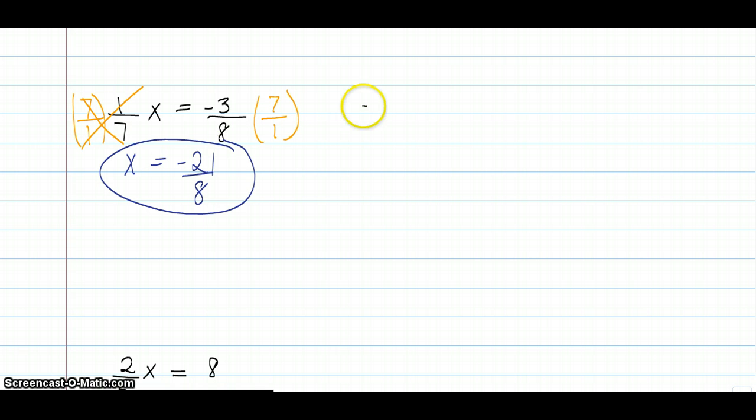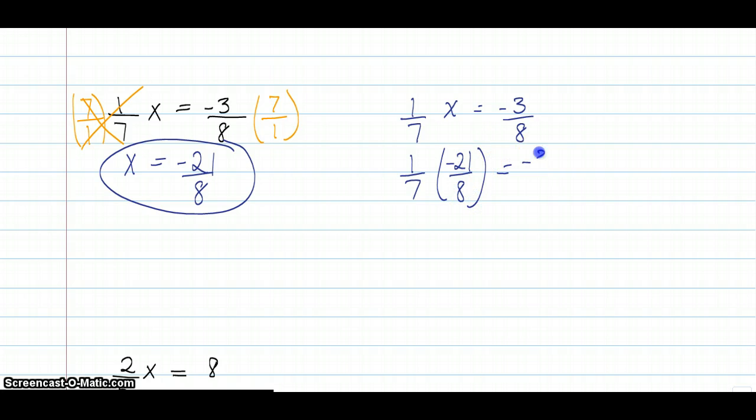Now let's go and check our answer. So we have 1/7 x is equal to negative 3/8. I'm going to plug in my answer for x, so I have 1/7 times negative 21/8. And we want it to equal negative 3/8.